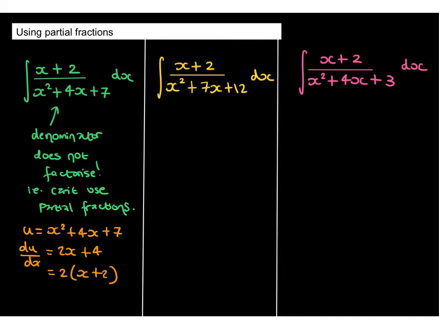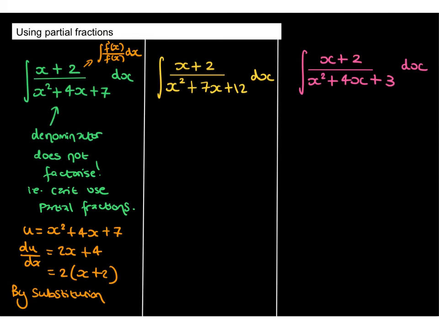So this means we can do this integral by substitution. It's an integral which is of the format f dash x over f of x. So one part of the integral differentiates to a multiple of another part of the integral.